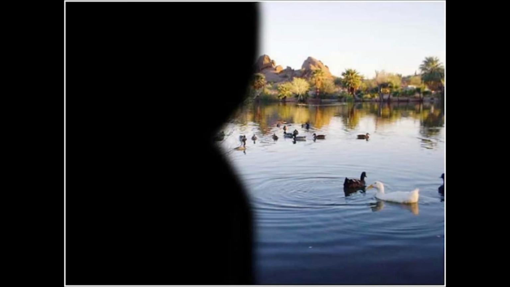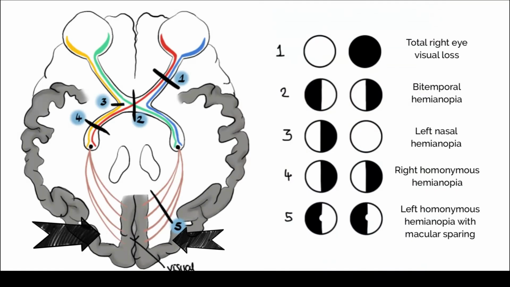As you can see, there is a bit of macular sparing in this image, and this type of visual field defect results if the lesion is affecting the occipital cortex. So we essentially have this type of visual field defect, and this is called homonymous hemianopia with macular sparing.